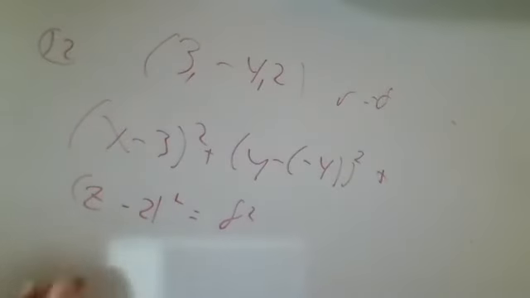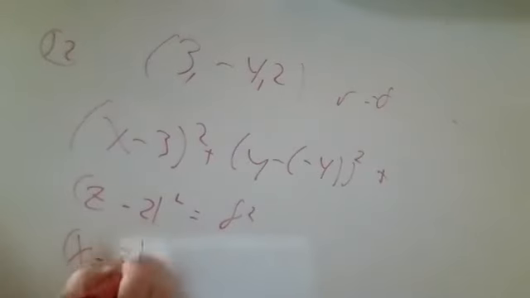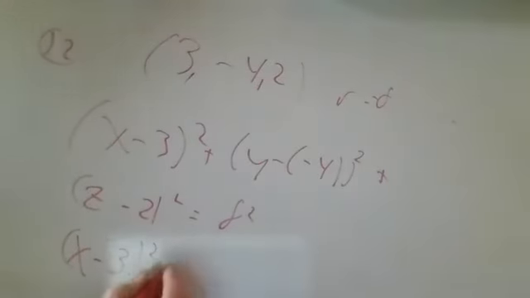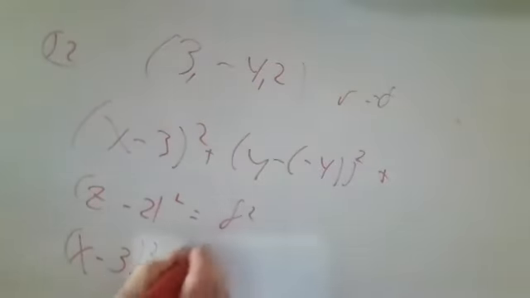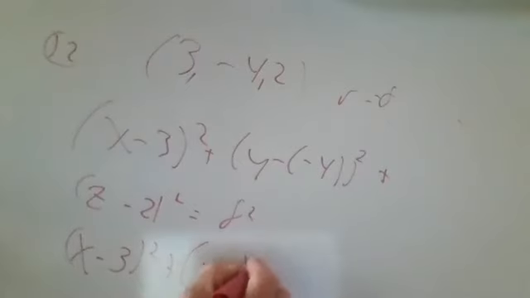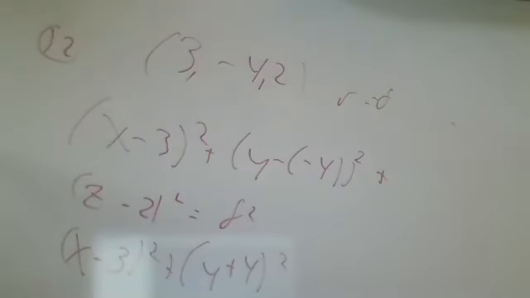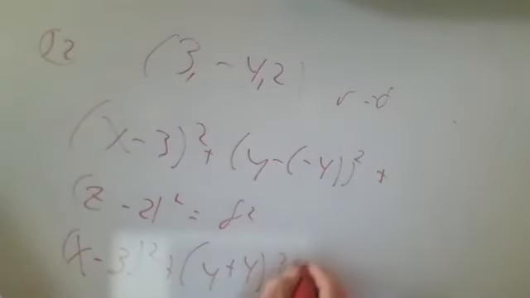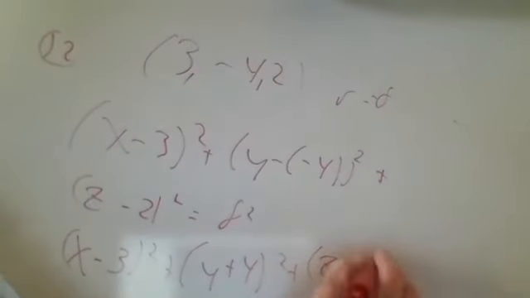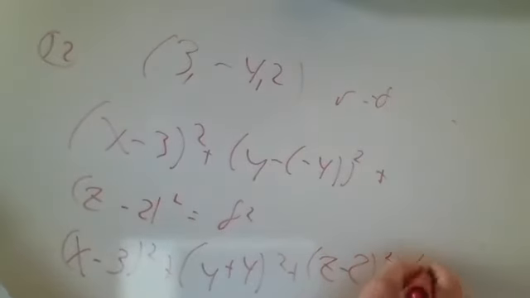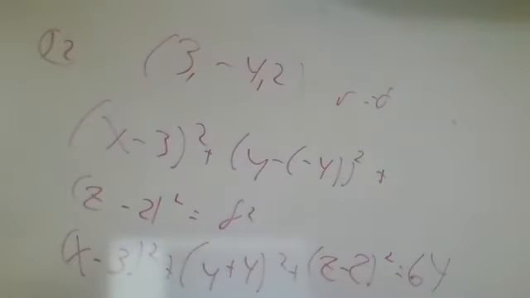All right, so that's just going to be x minus 3 squared. A negative times a negative is a positive, so that's y plus 4 squared. And then we have z minus 2 squared, and 8 squared is 64. So the answer is B.